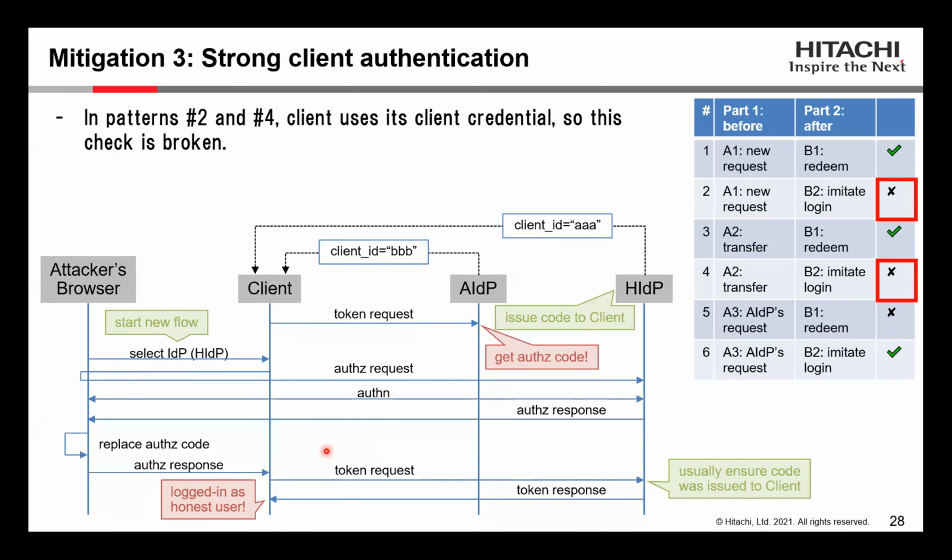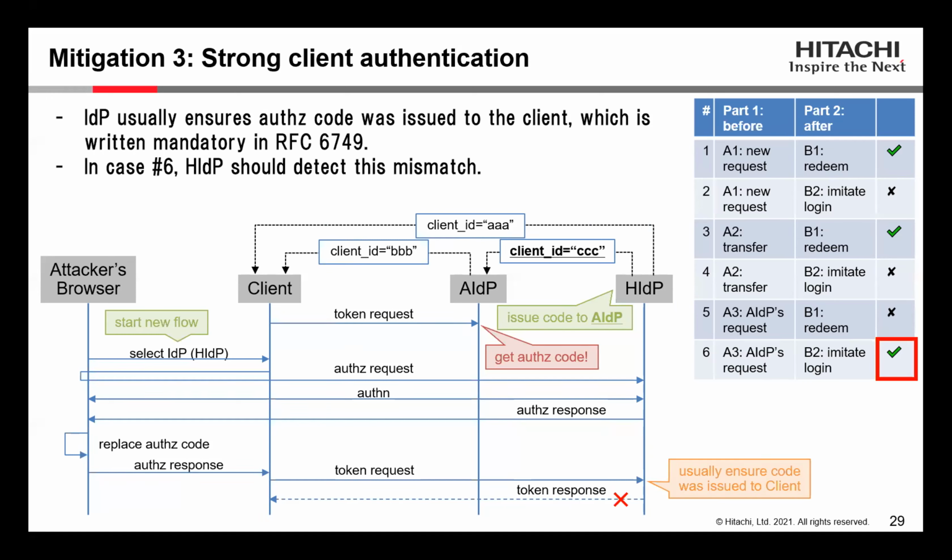This is because the client uses the client's client credential at this timing. So the client authentication succeeds. So the attacker can log in to the client as the victim user. In pattern 6, the same as mitigations 1 and 2, this is not related to this mitigation. HIDP can detect the mismatch of the authorization code's client and the requesting client.